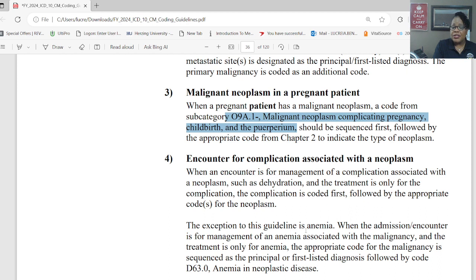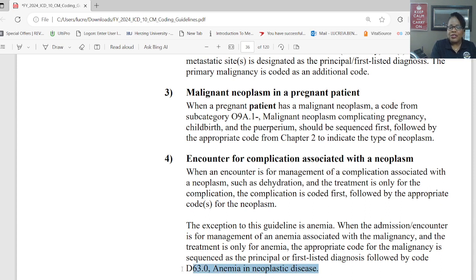The exception to this guideline is anemia. When the admission or encounter is for the management of an anemia associated with the malignancy, and the treatment is only for the anemia, then the appropriate code for the malignancy is sequenced as the principal or first listed diagnosis, followed by a code for D63.0, anemia in neoplastic disease.